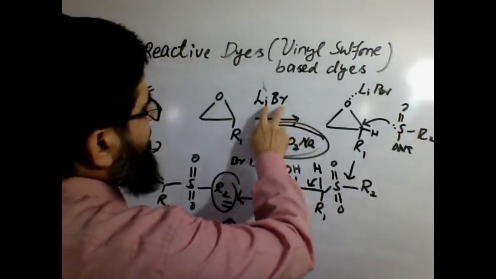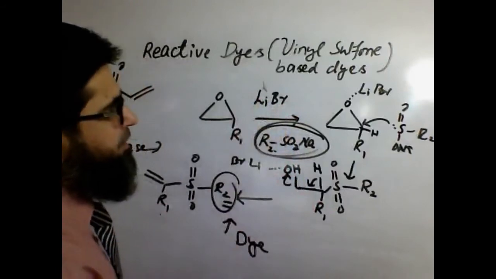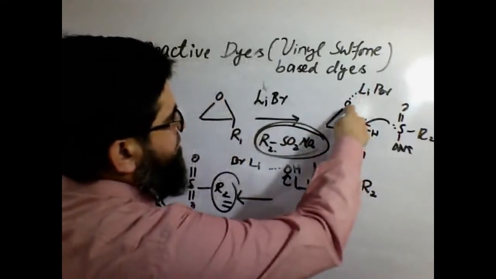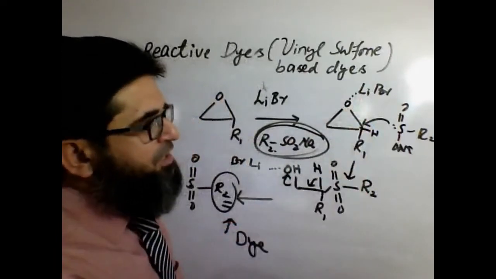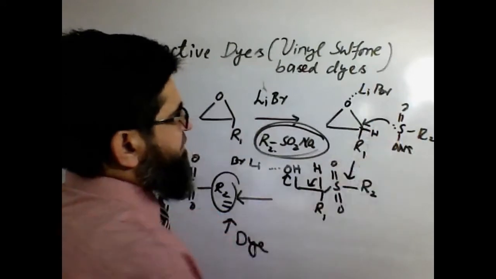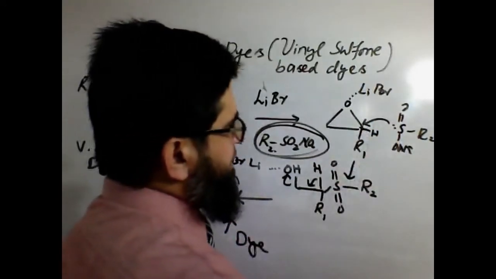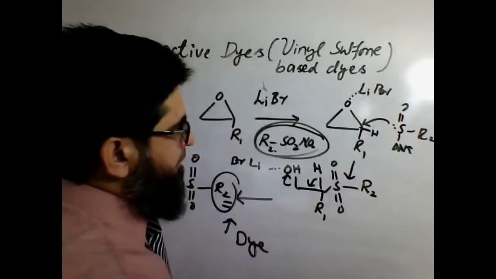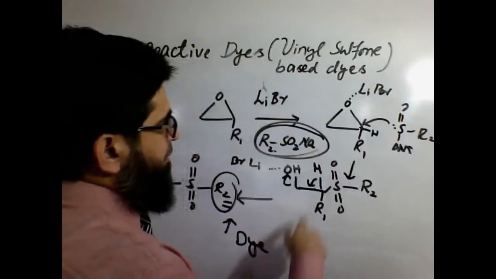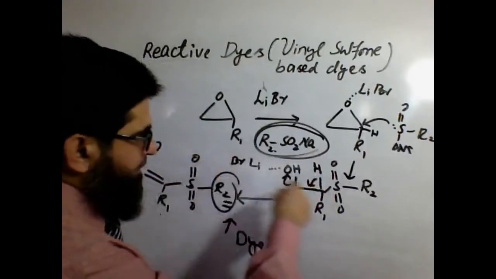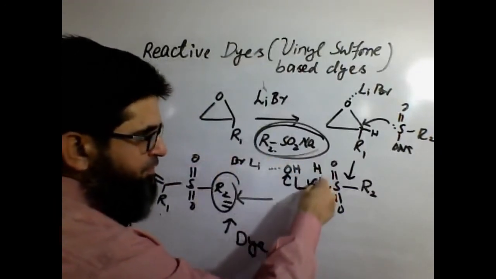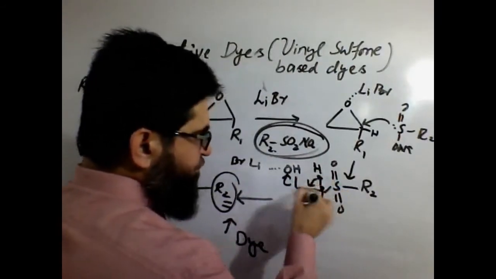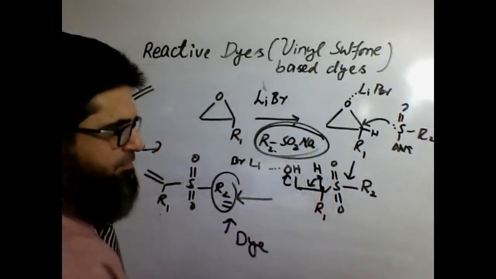This lithium bromide, lithium being a metal, can interact with the oxygen of the ring, making this bond a weaker one, creating a chance for the lone pair of the sulfur to attack at this carbon. Resultantly, the ring opens up, this proton leaves, and then these electrons are moved to make a bond between carbon and carbon.